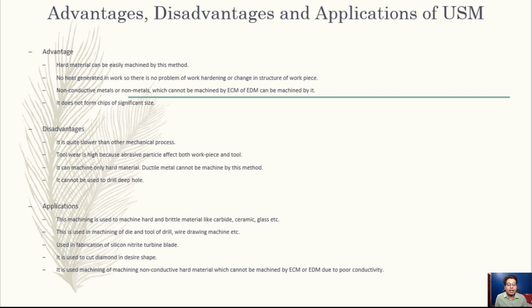USM has found a very interesting niche space in the manufacturing industry due to the ability of cutting very hard materials. Many dental implants, many medical industries use this process in order to work on the materials, and the dental surgeon uses this type of machining very commonly in order to file the problem areas in our teeth.